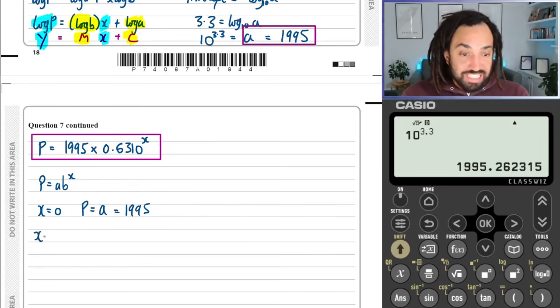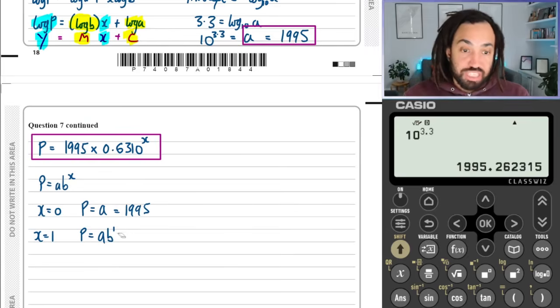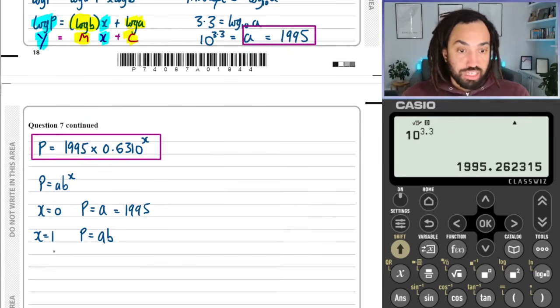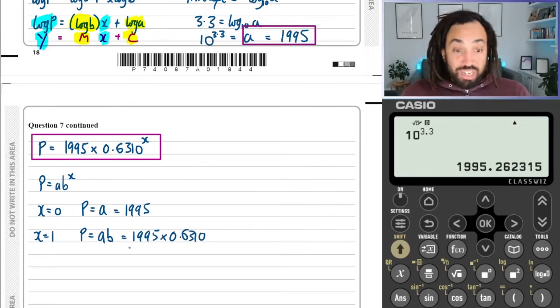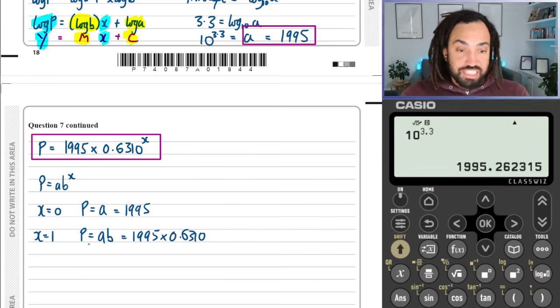But when X is equal to 1, then we get P is equal to AB to the 1, which is just the same as AB, which is what we're trying to work out. So what is this value? Well, it doesn't really matter what the value is. We would find it by doing this multiplied by this to the power 1. But what it actually means, interpreting it, is it's the amount of smoke particles per million when we are 1 kilometer away from the chimney.